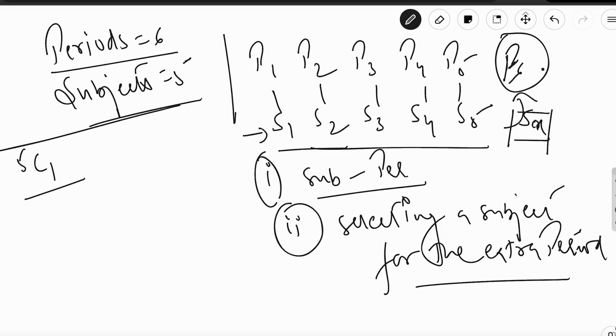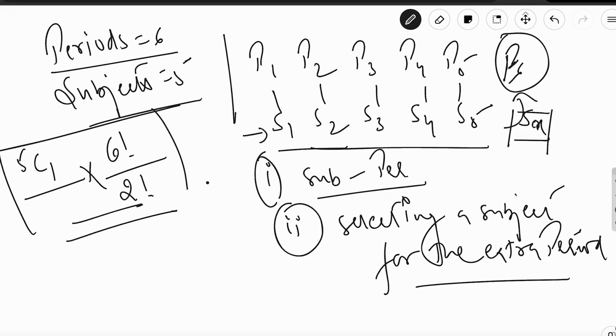So the 6 subjects can be arranged for 6 periods in 6 factorial ways, but out of these 6 subjects there are 2 subjects which repeat, so we divide by 2 factorial. This is the total number of ways in which 5 subjects can be allocated to 6 periods such that each subject has at least 1 period.